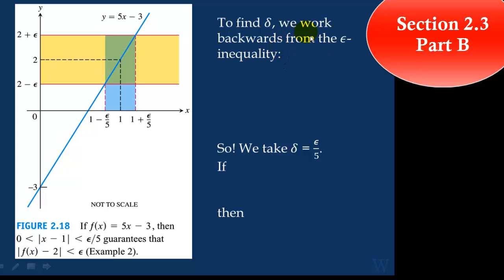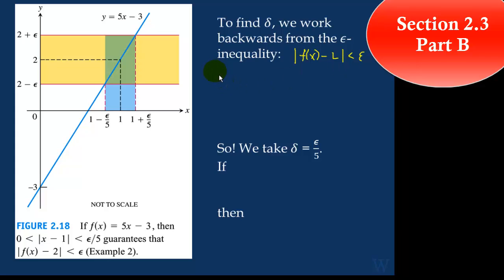Notice that to find the delta, we work our way backwards, like what we did a while ago. I'm just going to repeat it so that we can see exactly what we did. We started out with our epsilon inequality. What is the epsilon inequality? |f of x minus L| less than epsilon.